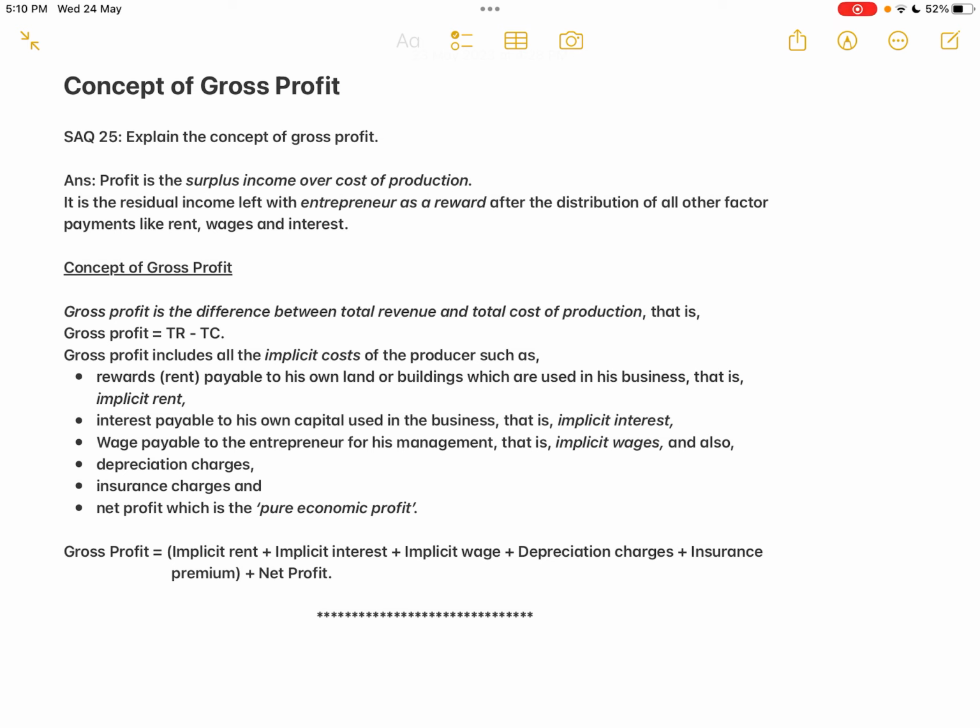That would have been a cost shown in the books of accounts, and the total cost would have increased and the profit would have decreased. Since it is his own savings, he is not paying interest to anyone, so that is not shown in the books of accounts. To that extent, again the total cost shows a decrease.